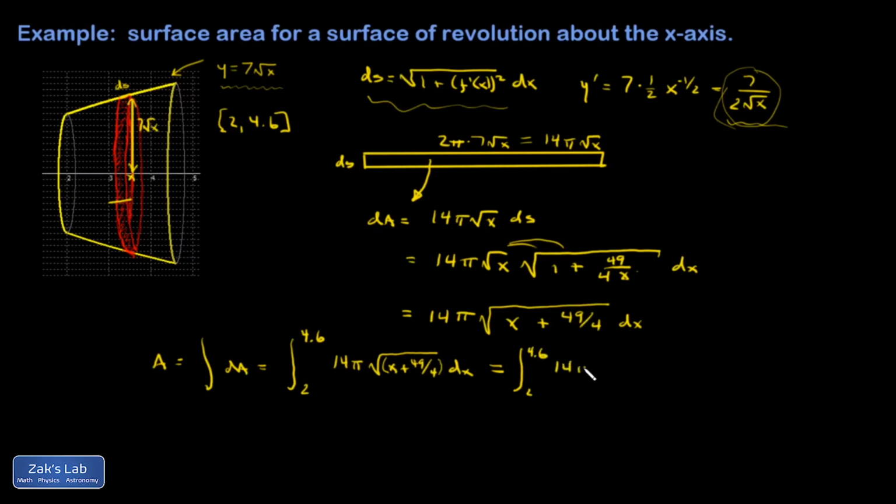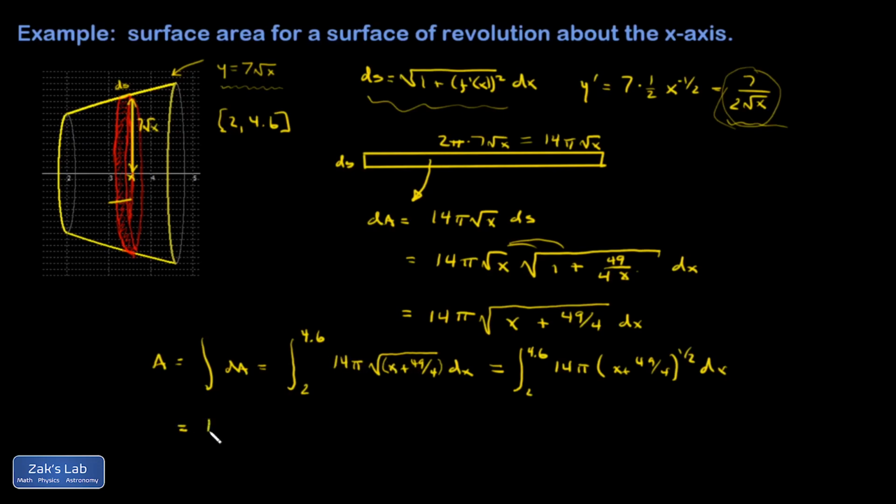So I get 14 pi times x plus 49/4 to the 1/2 dx. Then I just use the power rule on this, so I add 1 to the exponent and divide by the result. So that gives me 3/2 for the exponent. Dividing by 3/2 is the same as multiplying by 2/3. So let's do all that in the next step.